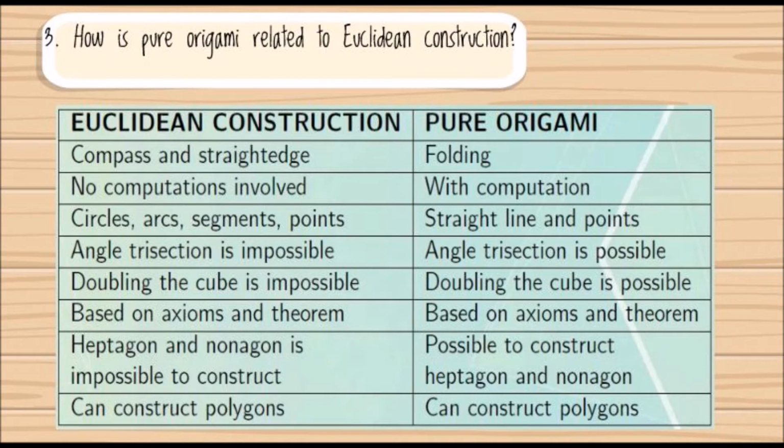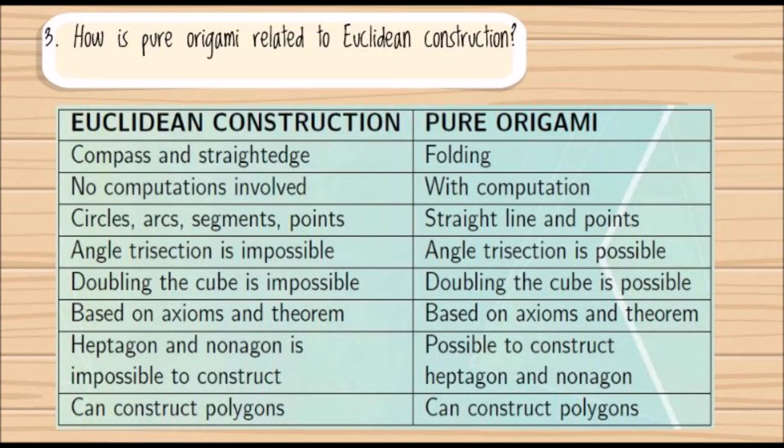Compass and straight edge construction does not involve any computation since a straight edge is an unmarked ruler, same as the compass. In pure origami, it involves computation since there are angles determined. As we all know, pure origami constructions produce straight lines, points, and creases, while in Euclidean constructions, circles, arcs, segments, and points can be produced.